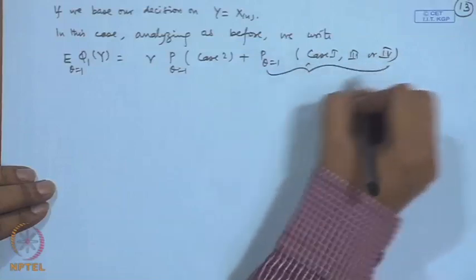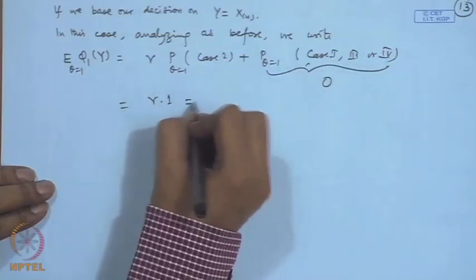Now, these are all 0. So, that is equal to gamma into 1, that is equal to gamma.